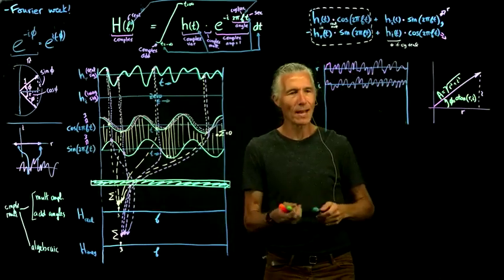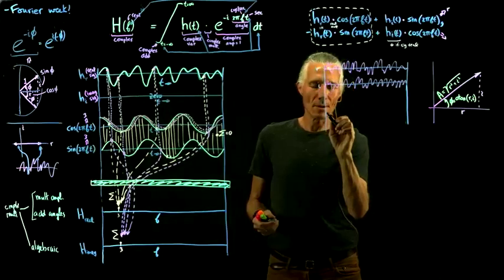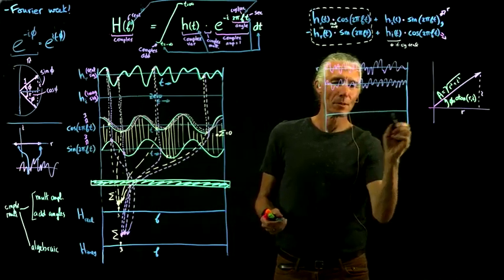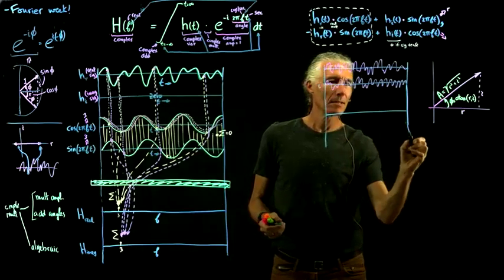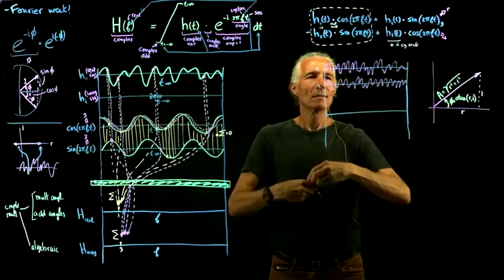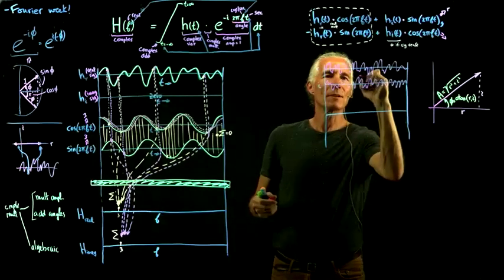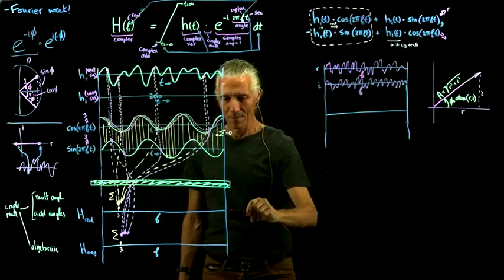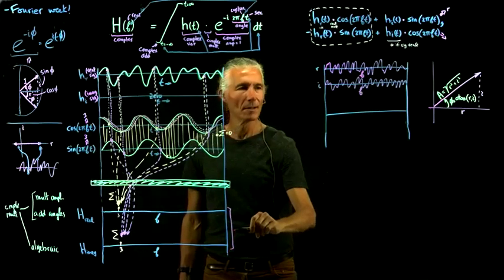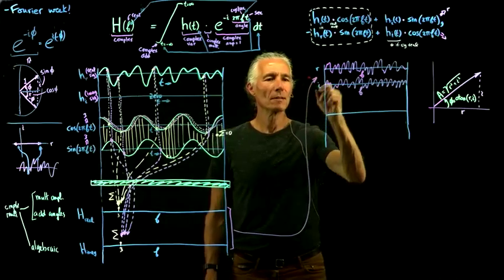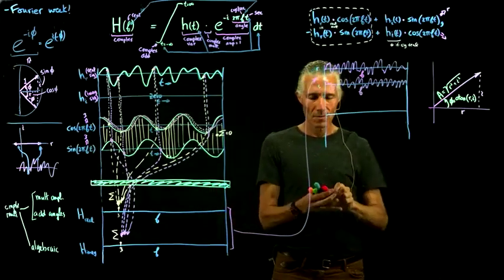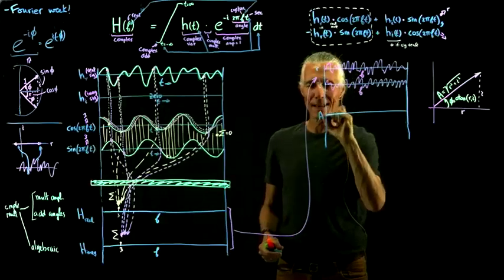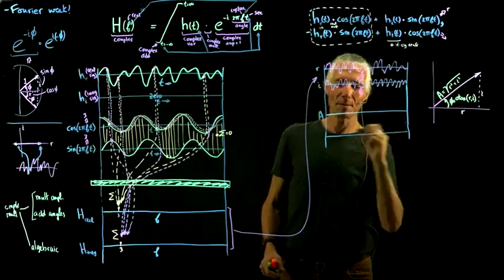Once we've done that, what do we end up with? Remember, this is all frequency. So we're in frequency land now. All we did was take these two guys here and move them up here. Now we're going to change over to amplitude and phase land, and this is typically what you look at.